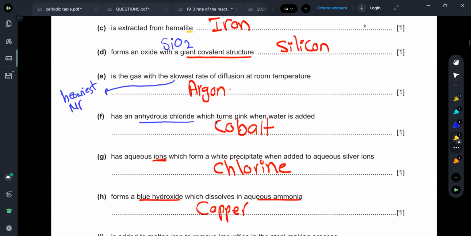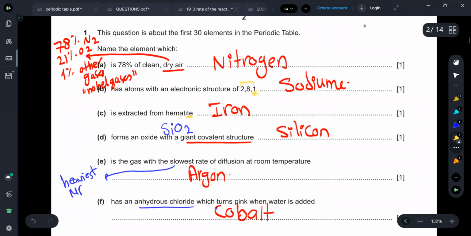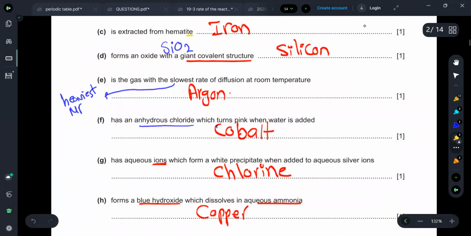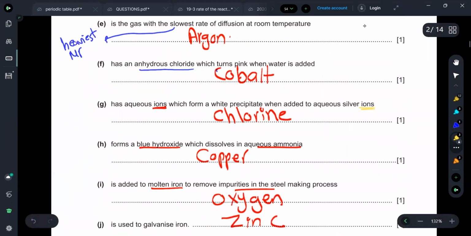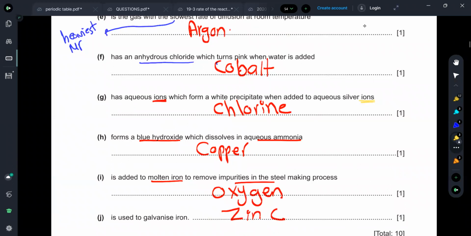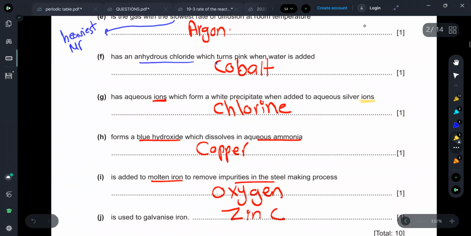This is a cobalt(II) chloride compound, but the question just mentions the element, which is cobalt. Element G has aqueous ions which form a white precipitate when added to aqueous silver ions. The element is chlorine, forming chloride ions. When chloride ions react with silver ions, they produce silver chloride, which is a white precipitate.